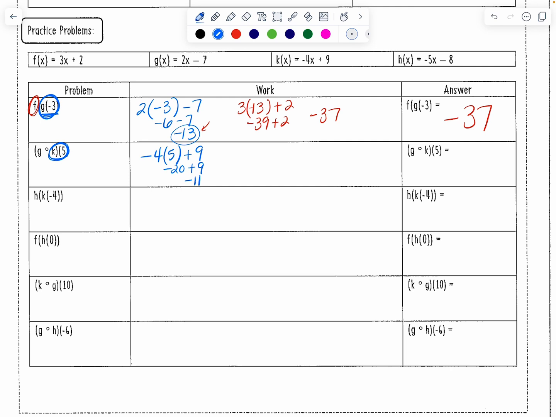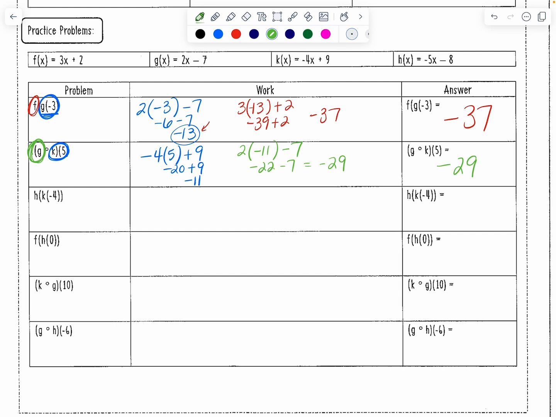Now I'm going to take that negative 11 and plug it into the next one that I see here, and that's the g function. The g function up here at the top is right here. So now I have 2, instead of x, I'm putting negative 11 and then minus 7. Negative 22 minus 7 gives me negative 29.